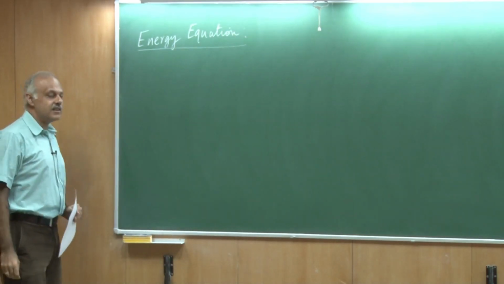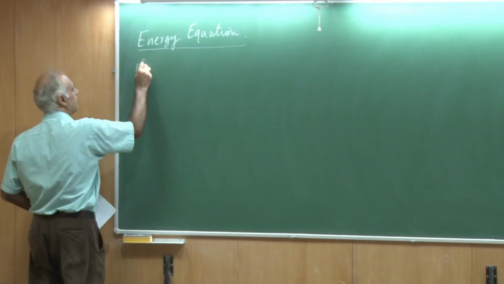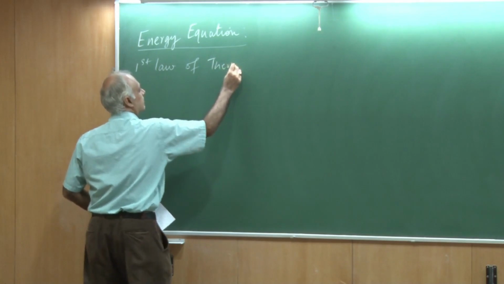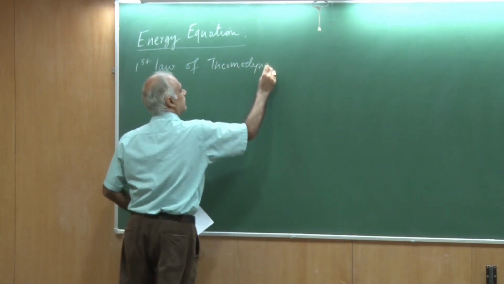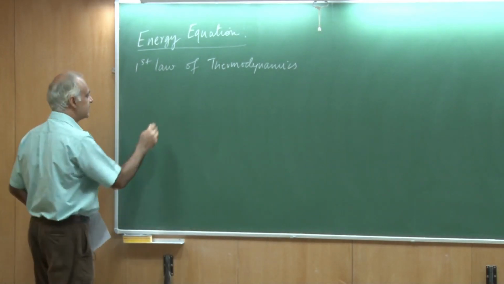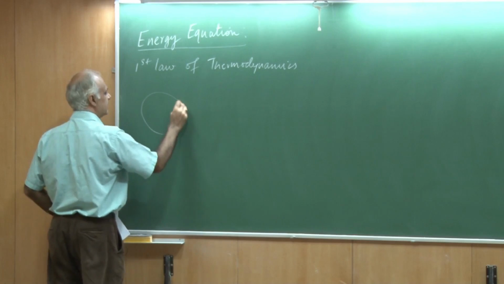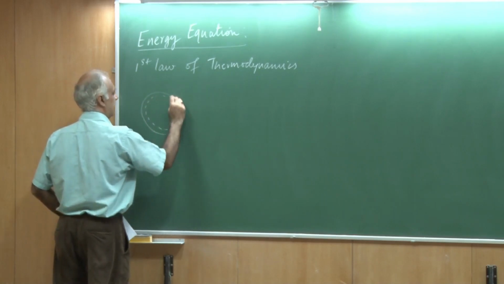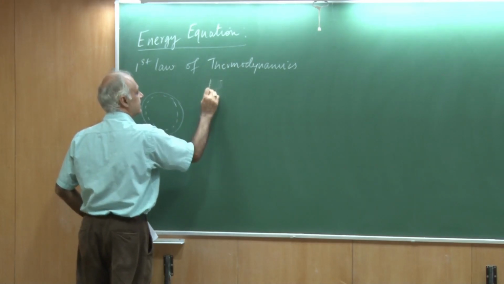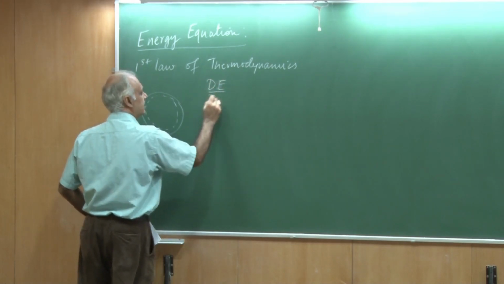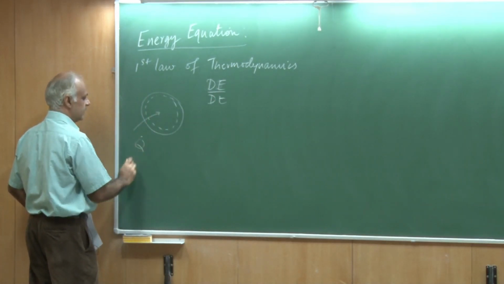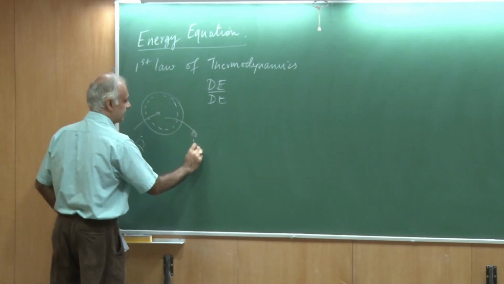So, in the last class, we talked about the first law of thermodynamics, and we were able to write that for a certain system. So, suppose this is a system, and we can talk about the rate of change of energy dE by dt of the system is related to the heat transfer and the work done.